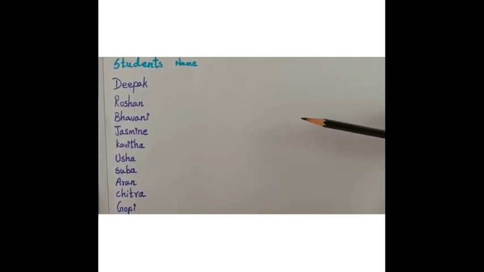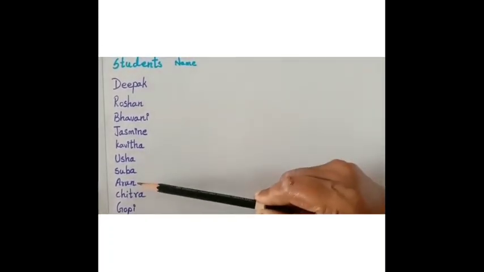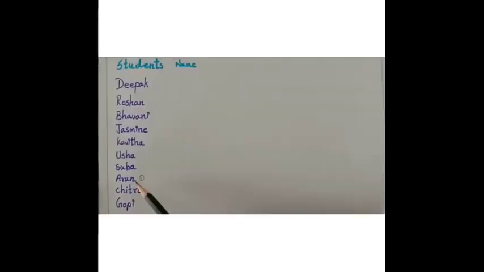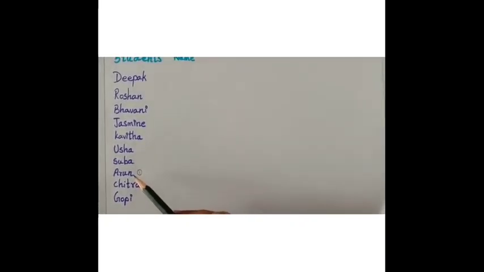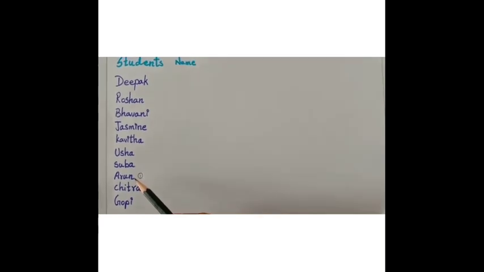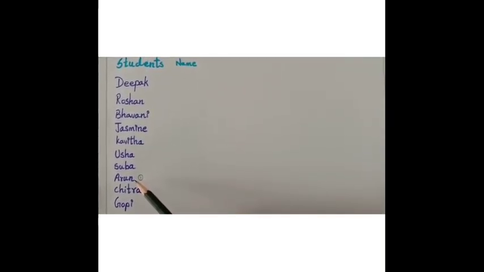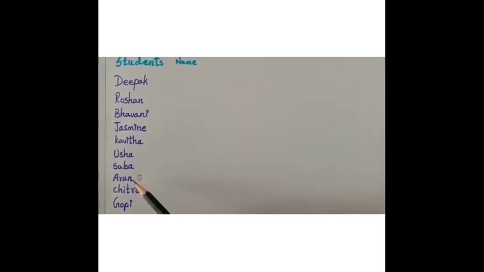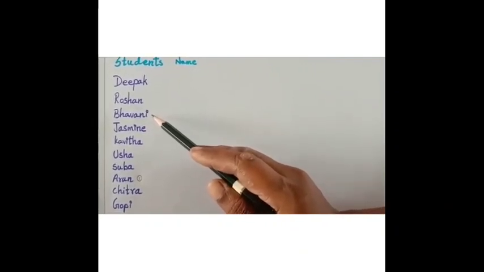So, put number 1 for Arun. This name starts with the alphabet A. Next, after A, letter B. Put 2 for Bhavani.